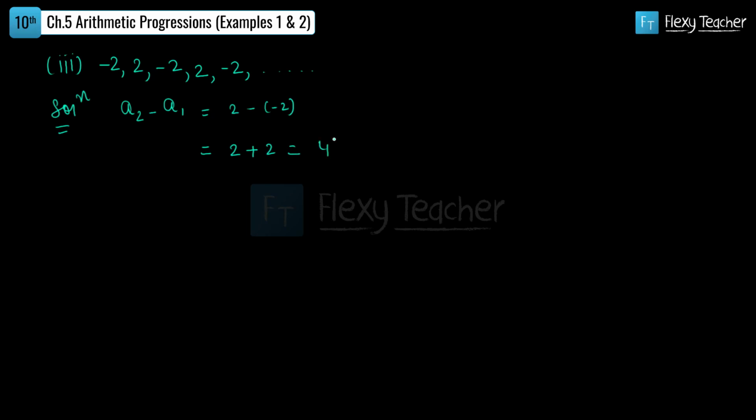Now let us see what A3 minus A2 is. A3 is minus 2 minus A2, which is 2. So minus 2 minus 2 is minus 4.